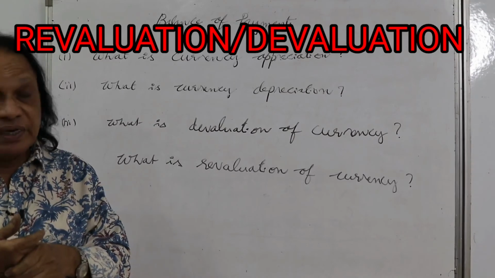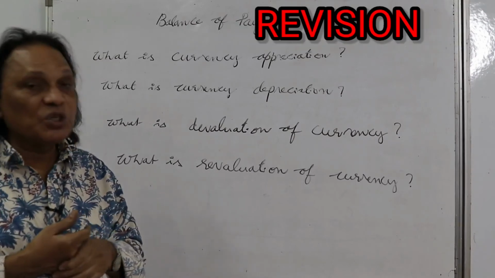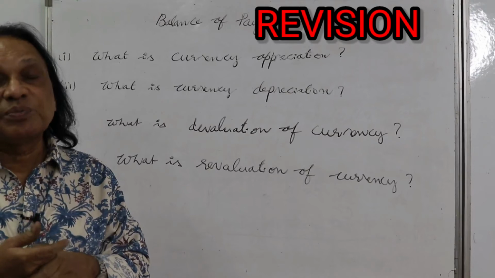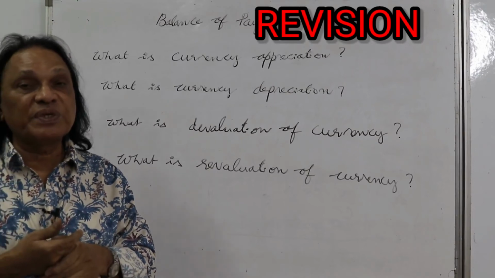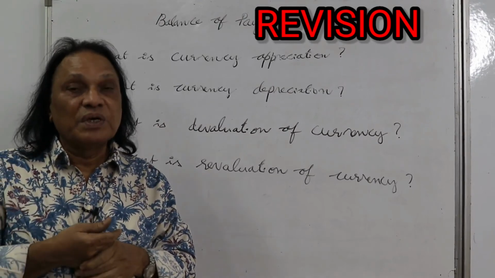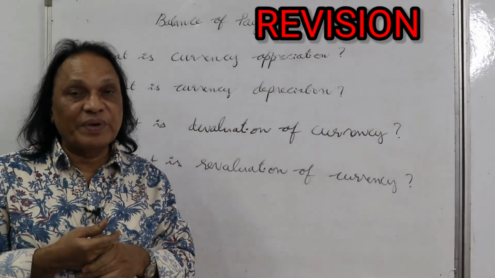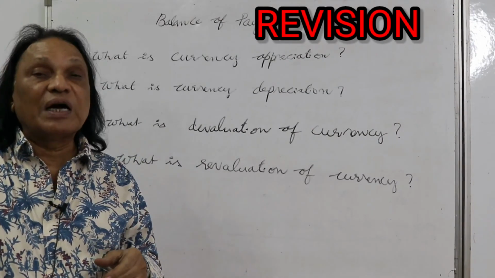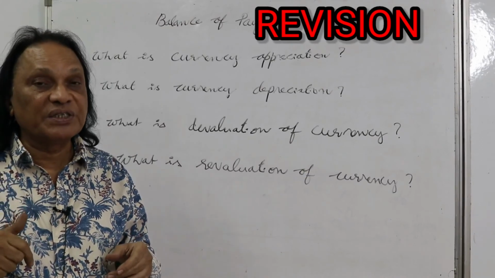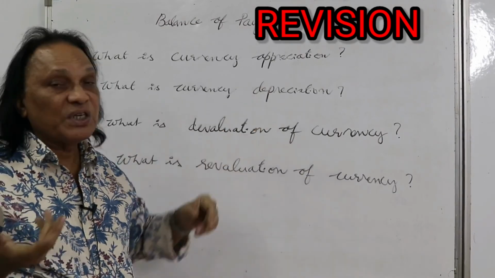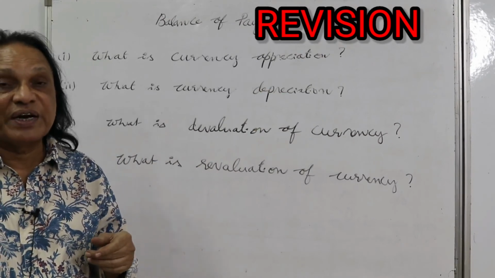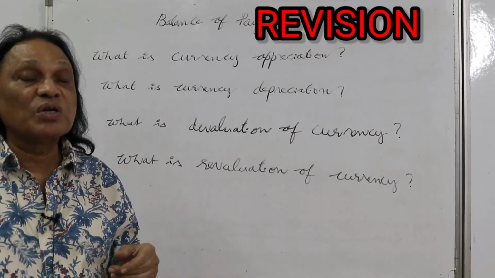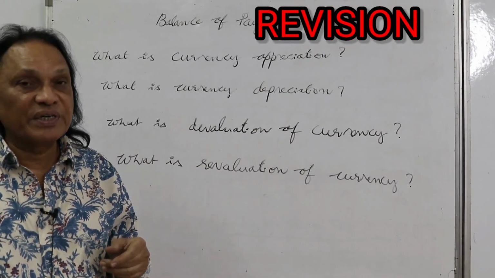I repeat once again, appreciation and depreciation terms we use under flexible or floating exchange rate. What is appreciation? This automatically happens in the market with force of demand and supply. If the value of our currency in terms of foreign currencies goes up, we call it appreciation of domestic currency. And what is depreciation of domestic currency? The value of our currency in terms of foreign currencies comes down, that we call depreciation of our currency.